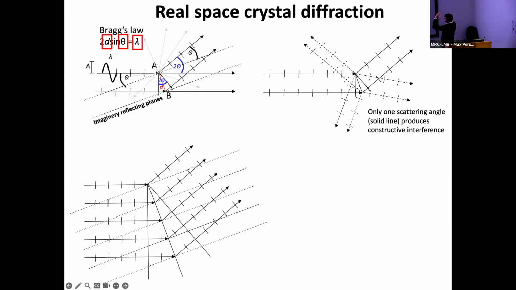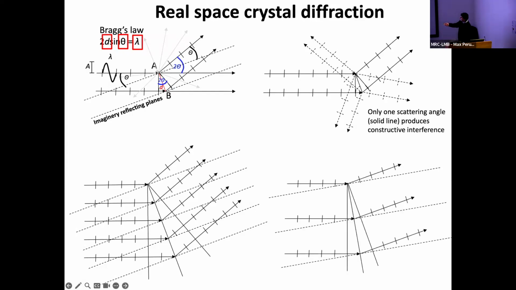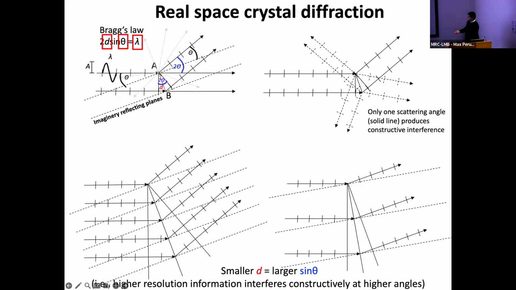Your reflecting angle becomes higher. If the distance between these two planes becomes larger, you see the reflecting angle becomes shallower. So the waves scattered in phase with each other will occur at a lower angle. And so smaller d equals larger sine theta.